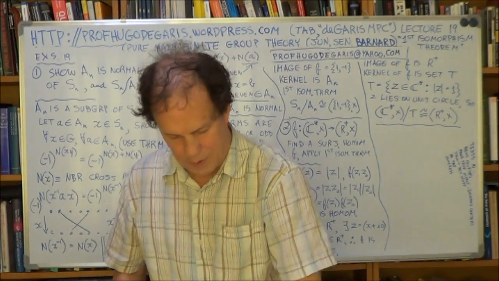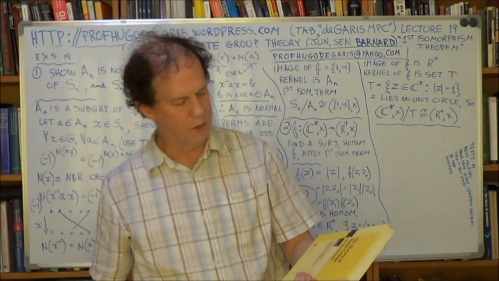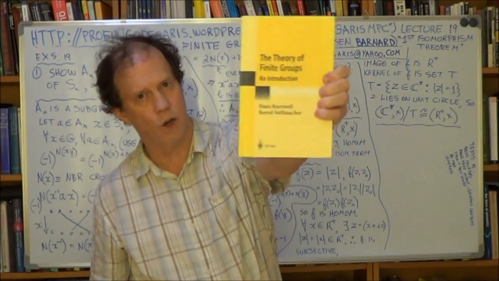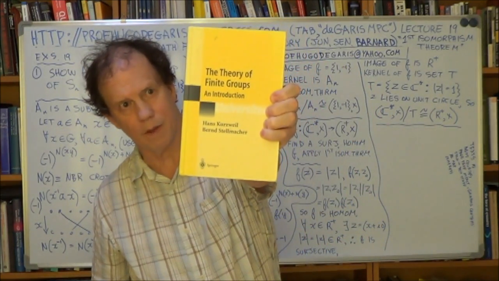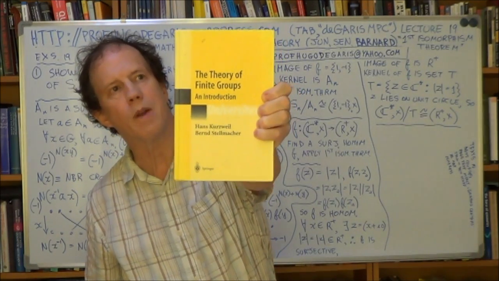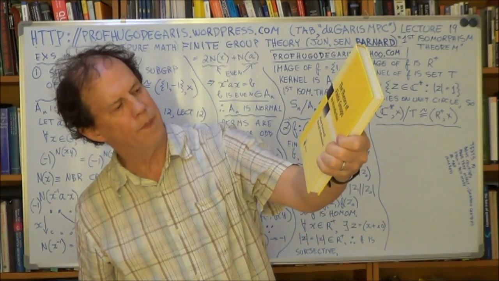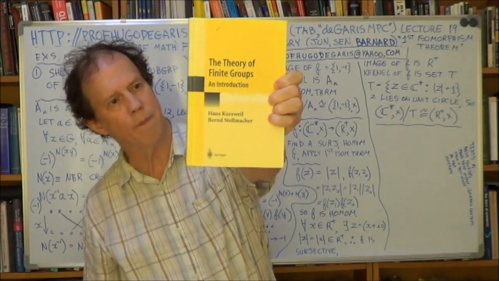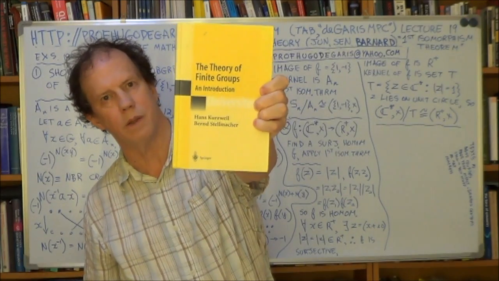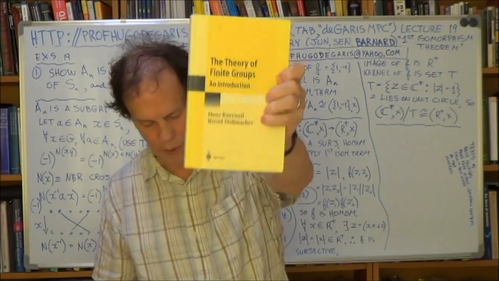Right? That's at M1. At M2, the text I've chosen is by Kurzweil. I've shown you some of these before, not all of them. Called The Theory of Finite Groups: An Introduction, and it's by Springer. And it too is available on eMule if you want to get it free, or if you prefer hard copy, then you pay for it.